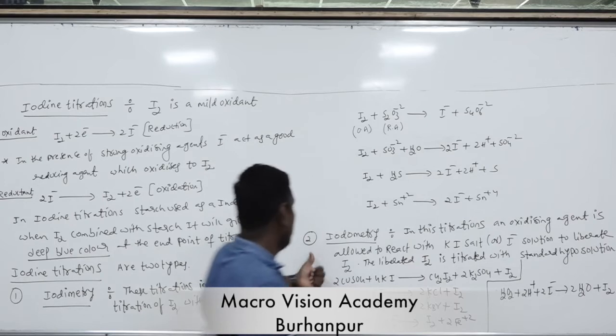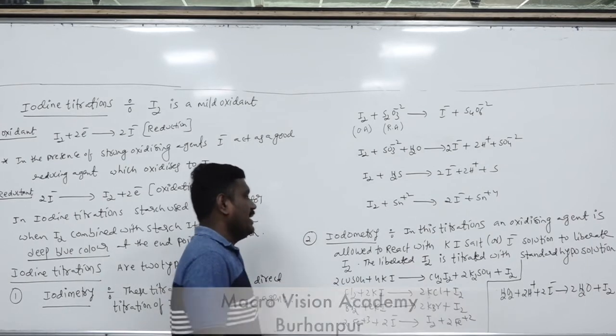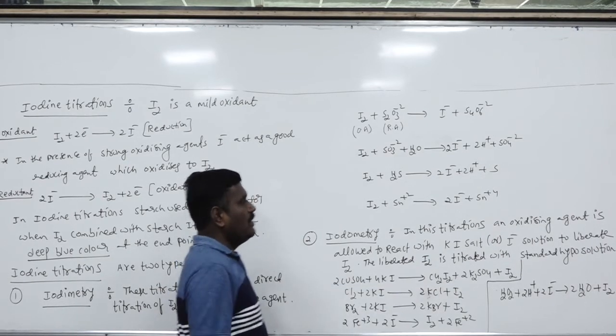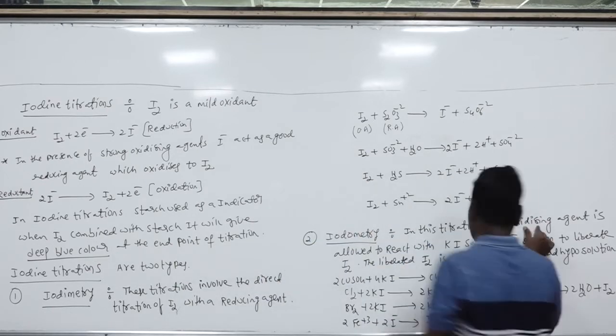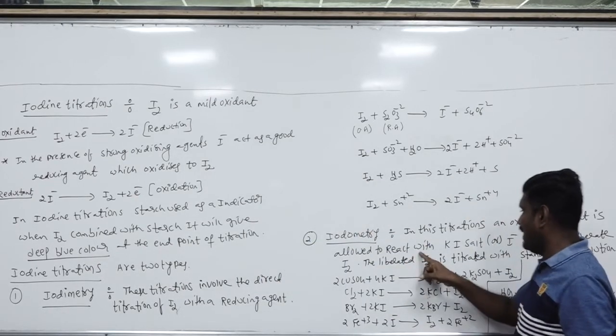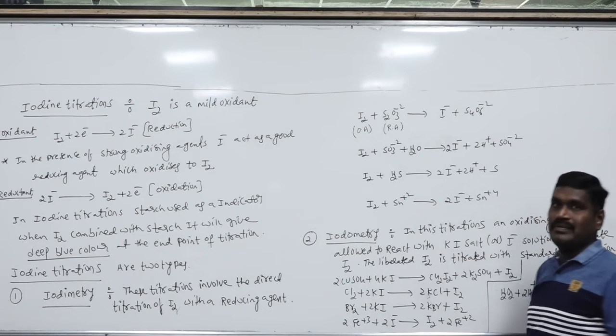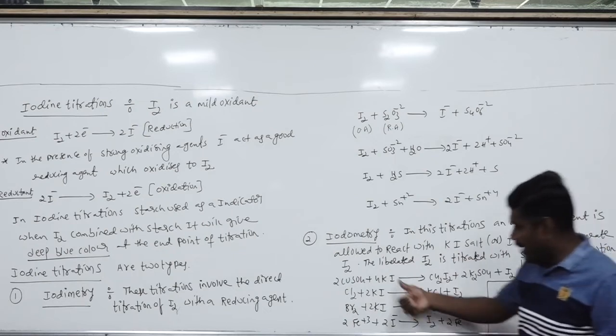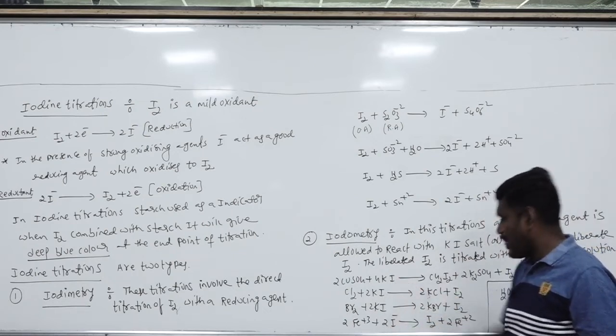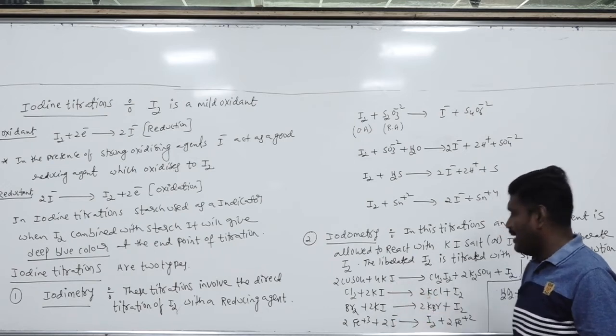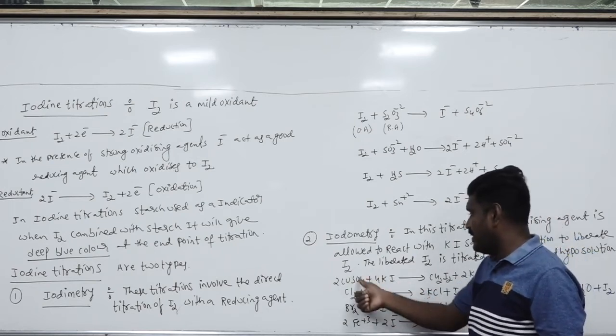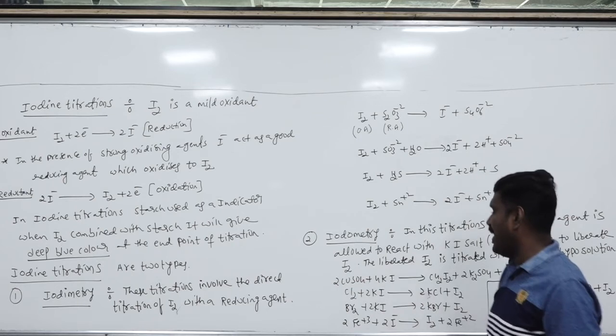Number 2, iodometry titration. In this iodometry titration, an oxidizing agent first of all is allowed to react with an iodide salt. Let's suppose I have potassium iodide salt here. In this potassium iodide salt, I am allowing some oxidizing agent to react with potassium iodide.